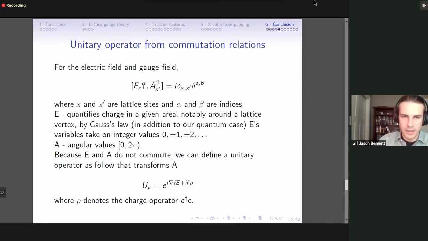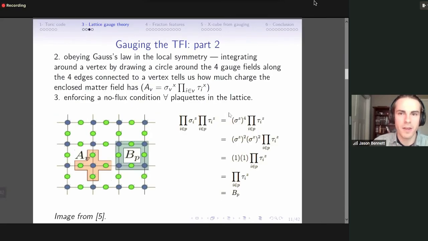Moreover, another thing that I was struggling to understand was this commutation relation between the electric field, like an external field, and the gauge field. Now that I think about it, it relates to what we were talking about before, where there might not be something like this if the location is different.